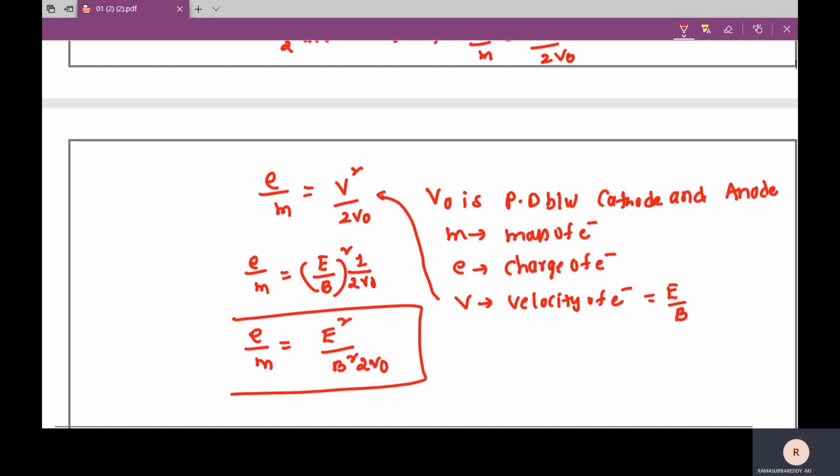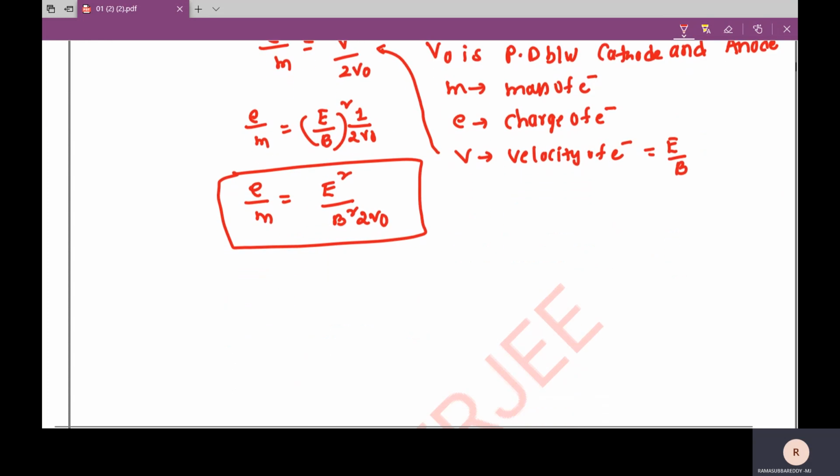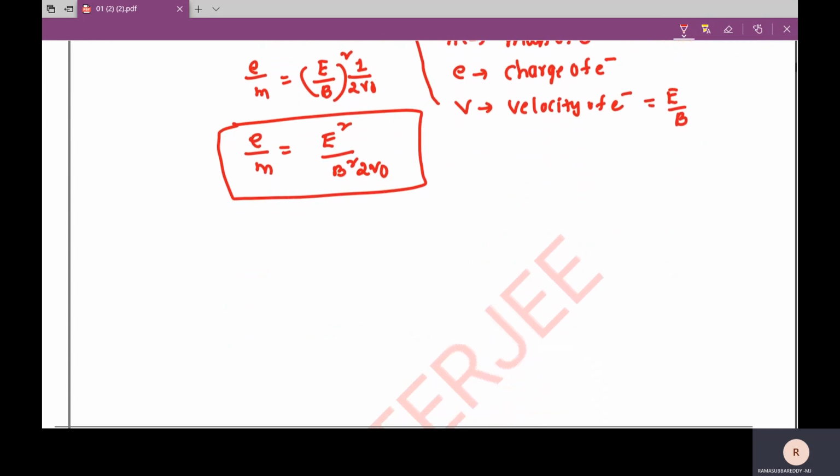So this is the specific charge of an electron, or e by m ratio. So we can find e by m easily. How? We know the electric field, how much we applied, and we know the magnetic field, and we know the potential. So definitely we can find it.